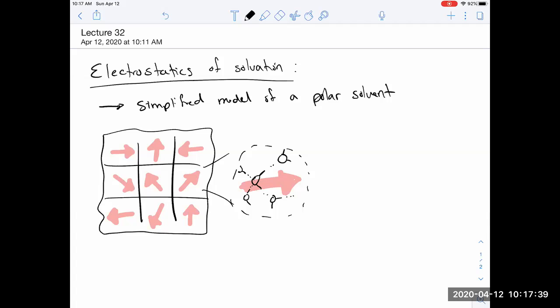And within each one of those cells, we're going to define that local dipole as M of R. So it is the net dipole in a microscopic region whose location is given by that R vector.